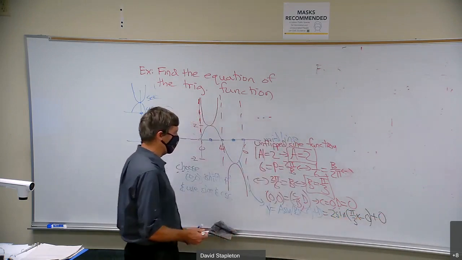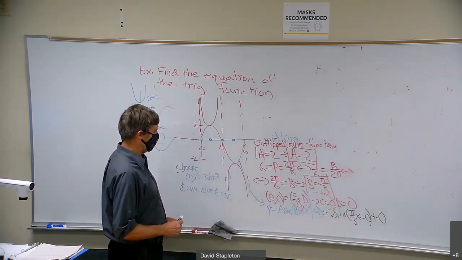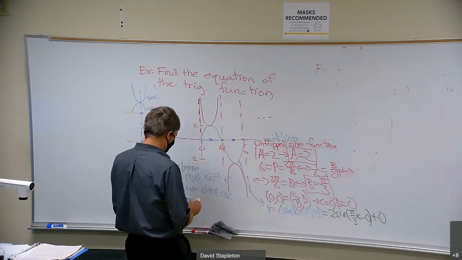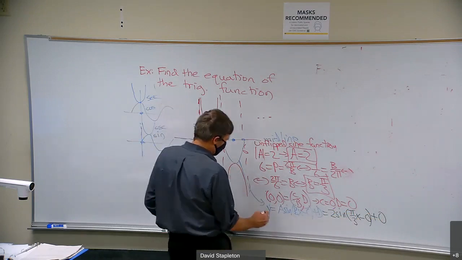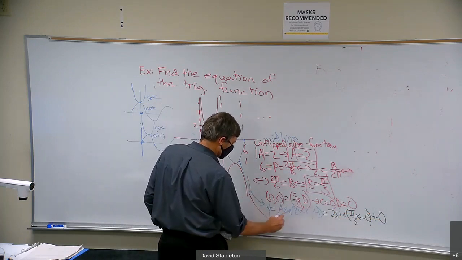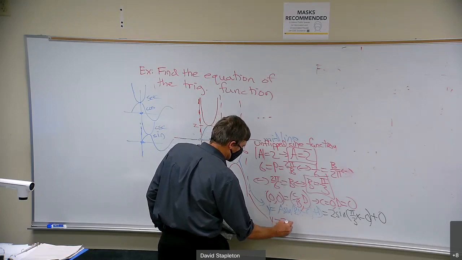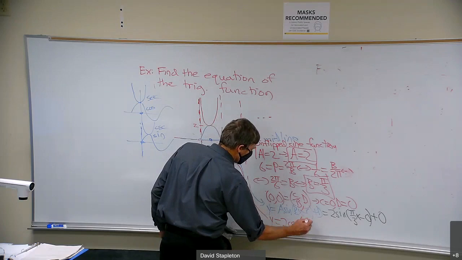It's just 2 sine pi over 3x. That's it. That means that the red one is the reciprocal function. It must be the same numbers. So it's 2 cosecant pi over 3 x.